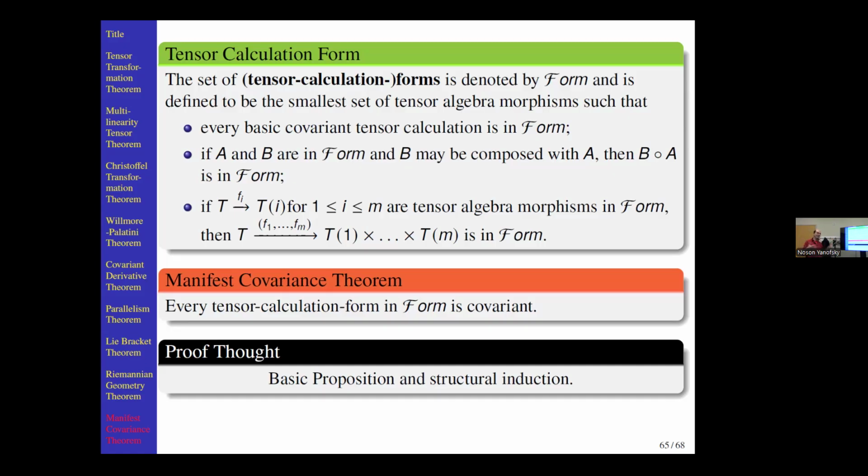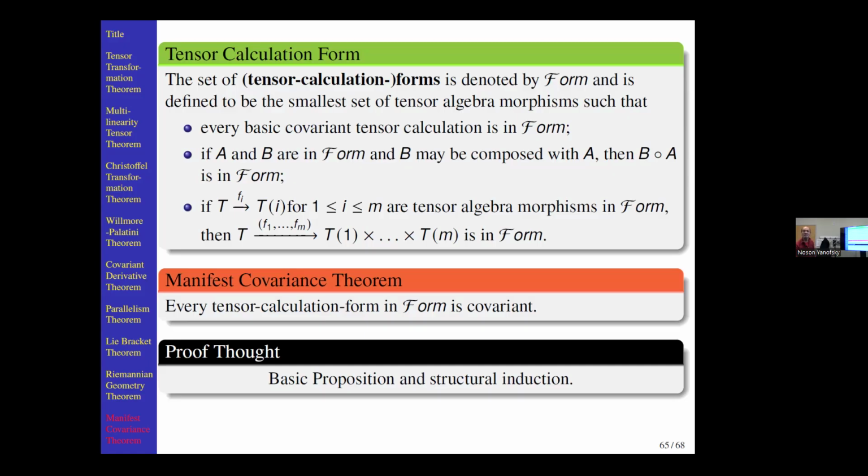I've always wanted to prove a theorem that is proved by structural induction. There it is. You've got the lemma or proposition, all these pieces that can be combined in known ways by composition or tupling. And when you look at it, it's obviously covariant because you know the pieces are. That's the heart of the talk.